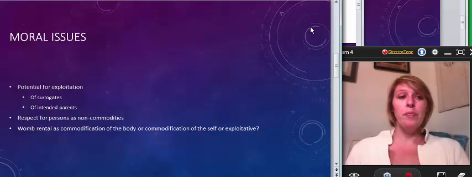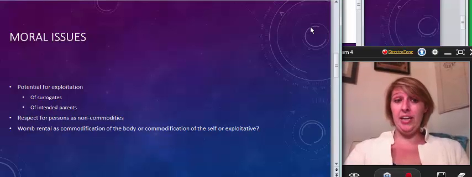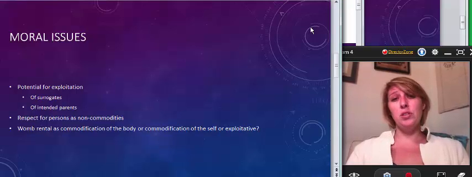Another important moral issue that we should consider is whether or not providing surrogacy, especially commercial surrogacy, suddenly turns individuals, persons, into commodities.